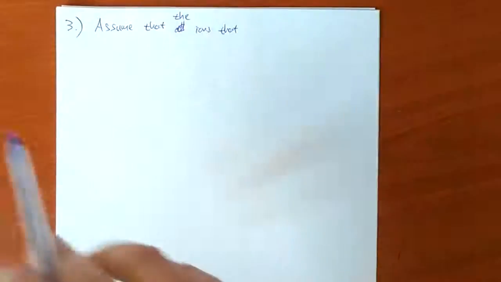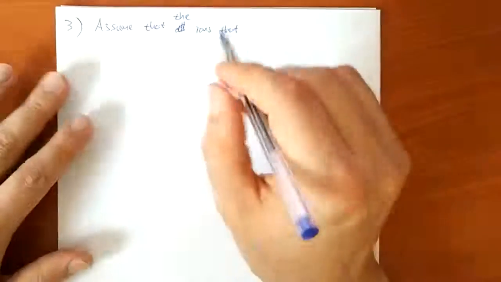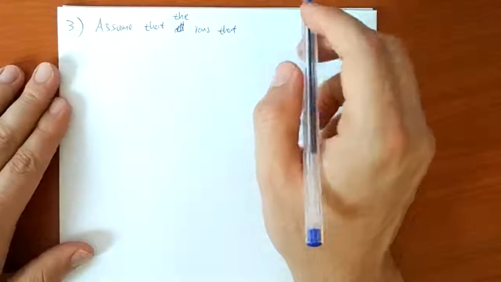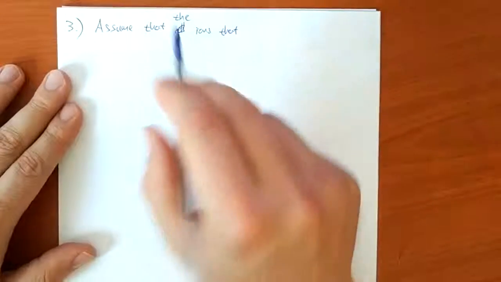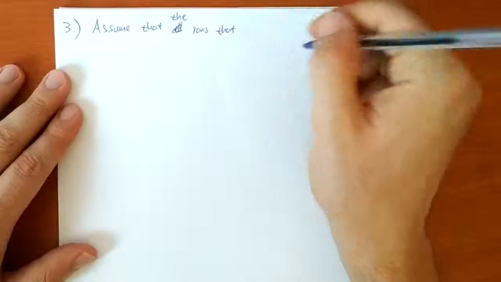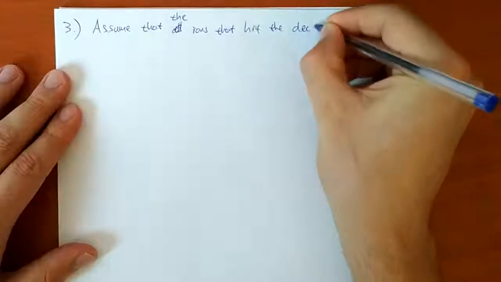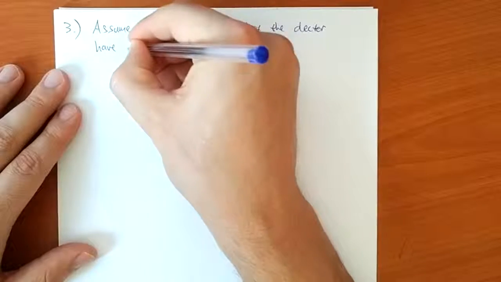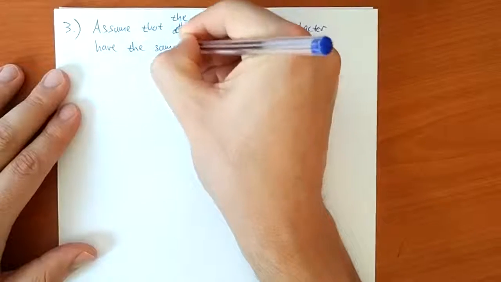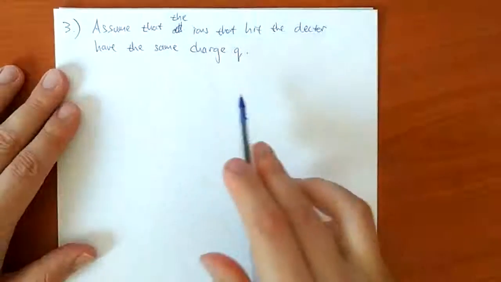Otherwise they won't be affected by this magnetic field, so that they can move in this arc. So they're isotopes, yes, but they're also ions, and that's why they're hitting the detector at those distances. We assume that those ions that hit the detector have the same charge Q. Again, we'll talk about why that makes sense towards the end.